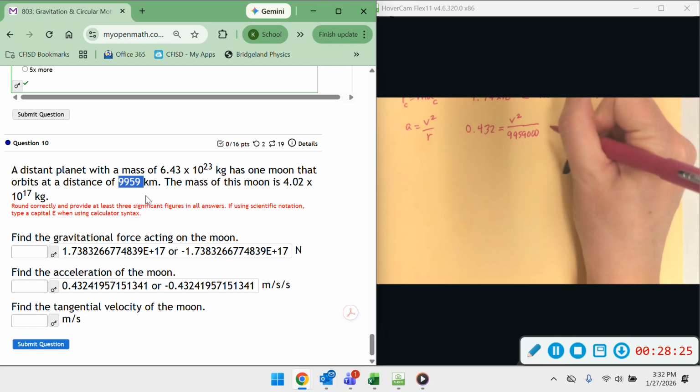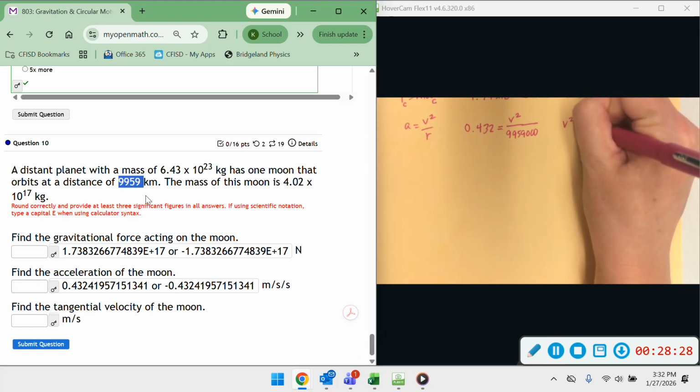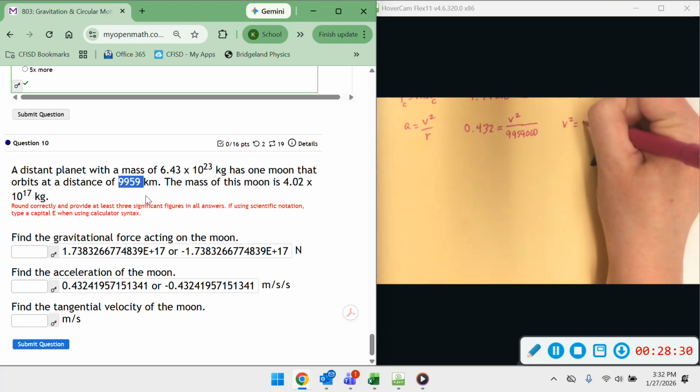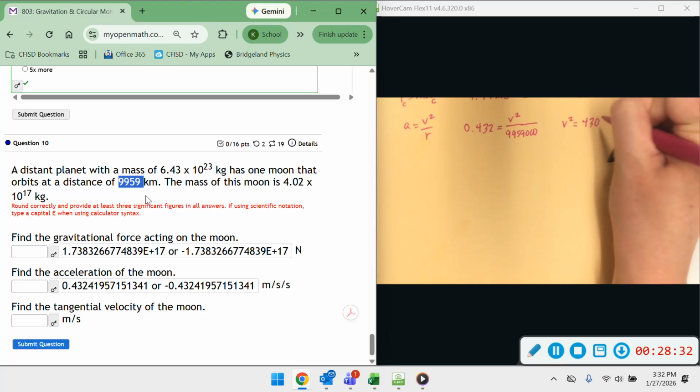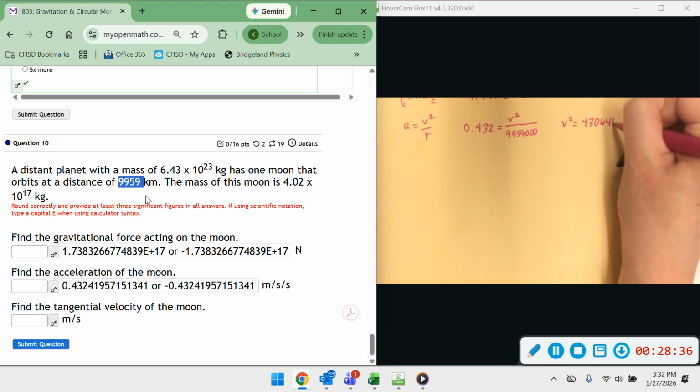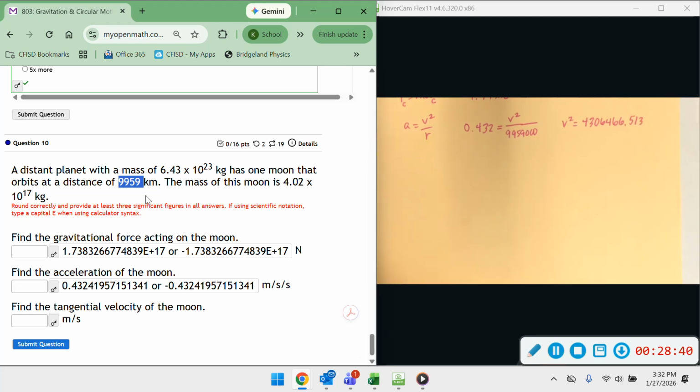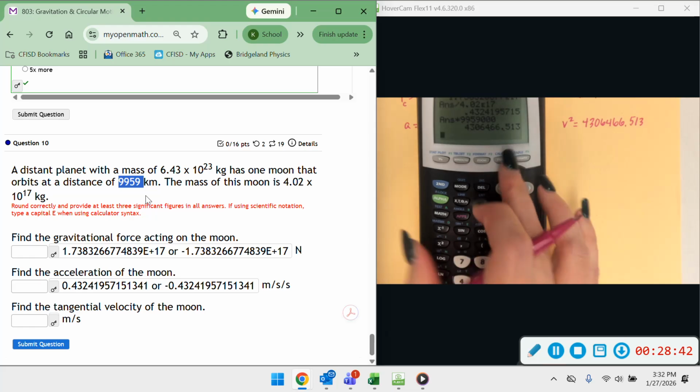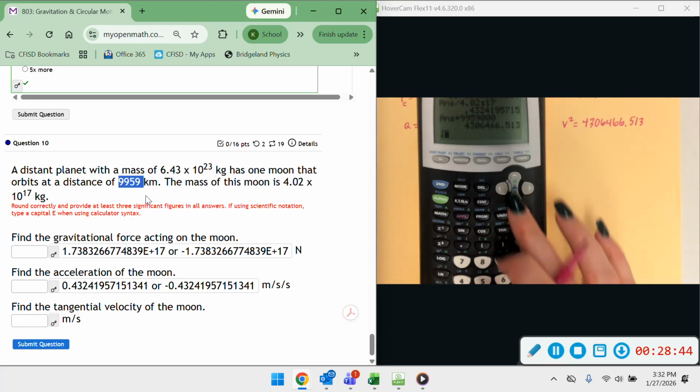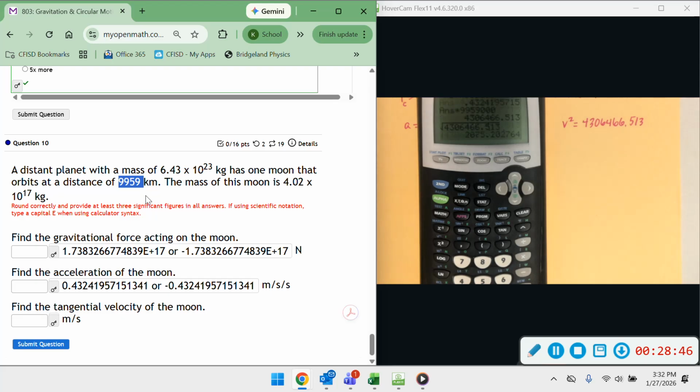And when we do that, we get v squared equals 430,646.513. Again, that's not our answer, that is v squared. So our last step is to get the square root of that, and that should be our velocity.